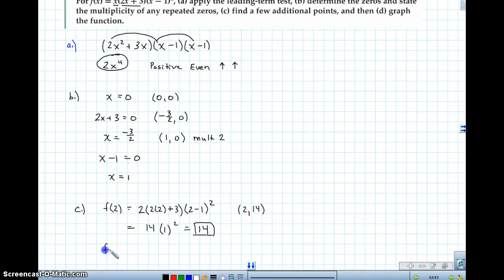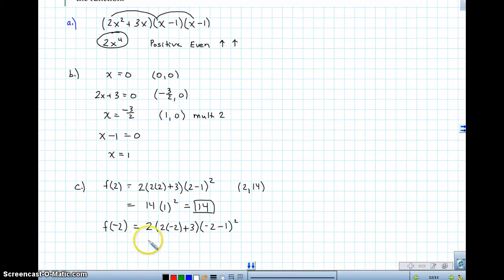And we'll do one more. We'll do f of negative 2. So that would be 2 times negative 2, times 2 times negative 2 plus 3, and then times negative 2 minus 1 squared. So this is 2 times, this is negative 4 plus 3, it's negative 1, times negative 3 squared.